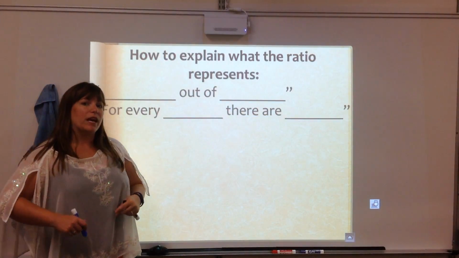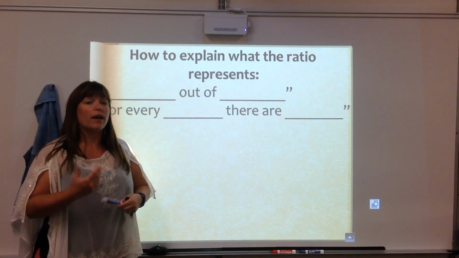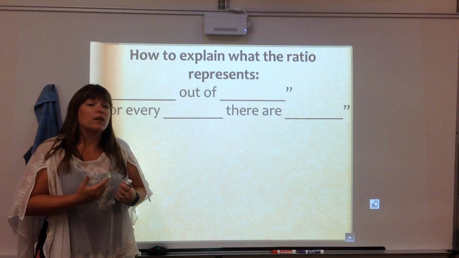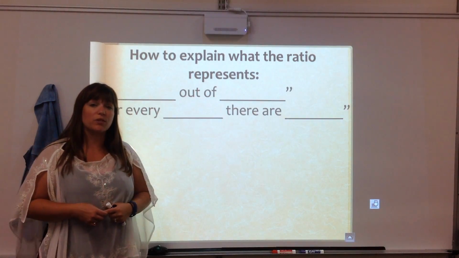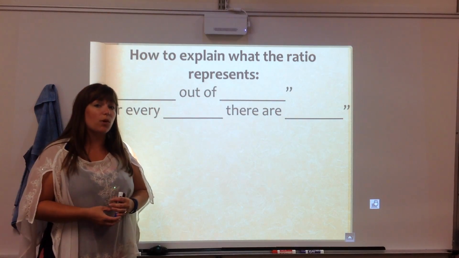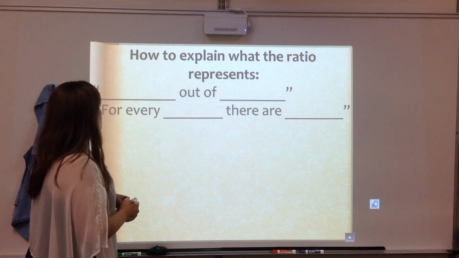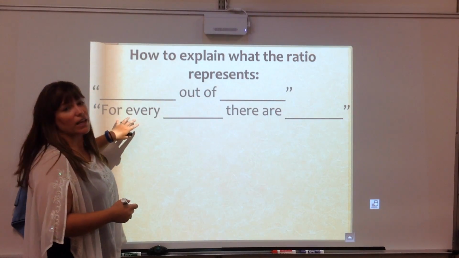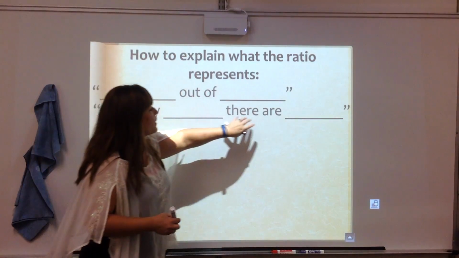Now I'm going to go down to the very bottom of your note sheet. This is very important to help us have a little hint or a model sentence or two. There are 2 examples here for when we're explaining what ratios mean and what they represent. So I'm going to tackle this second quotation first. For every blank, there are blank.